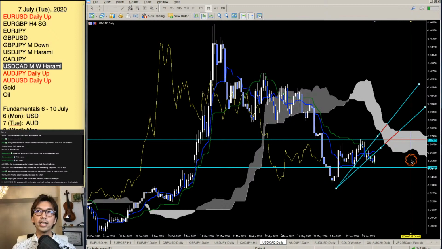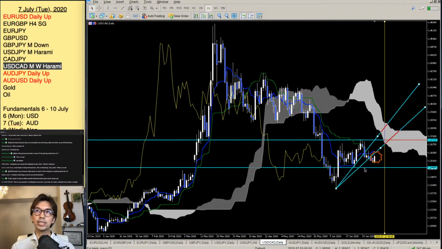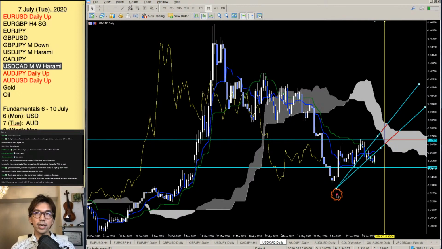And you just wait until when the Kumo was forming at that time. I think it was somewhere here. We just wait for the Kumo that was forming at the time the low was made.